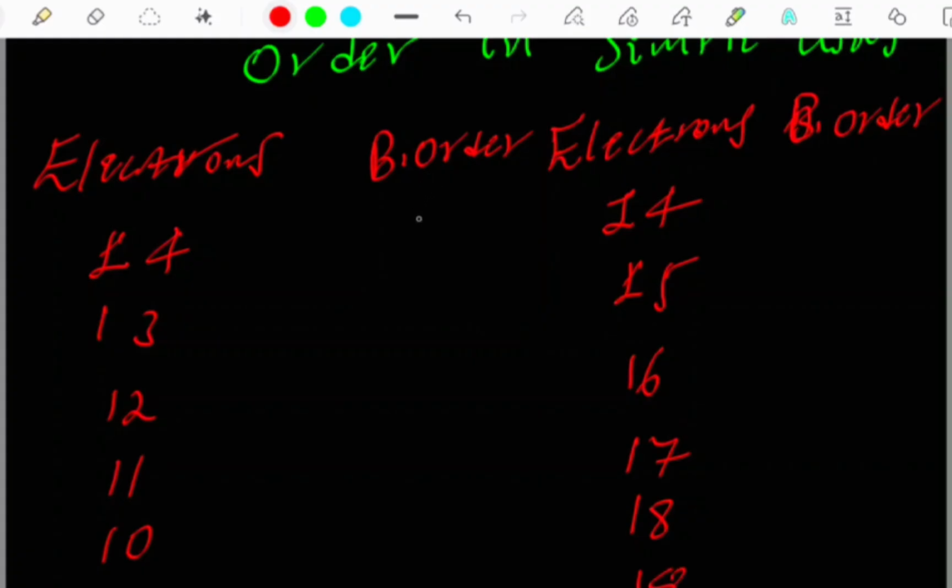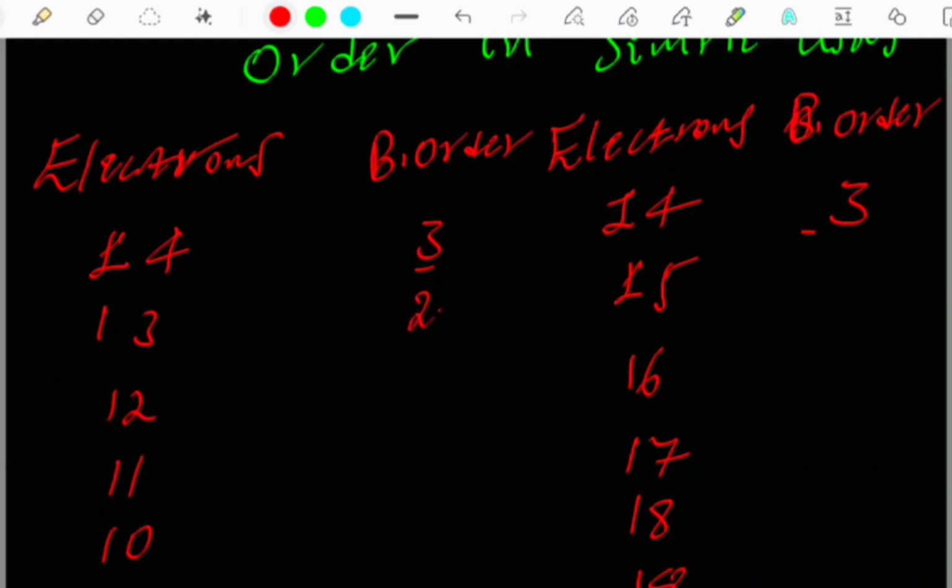In the column of bond order, first I write 3 and 3, and then I decrease 3 by 0.5 on both sides.